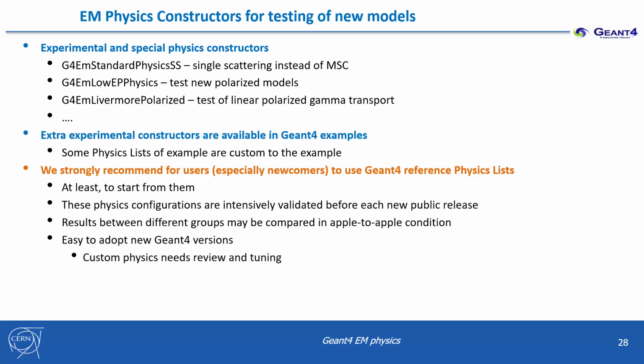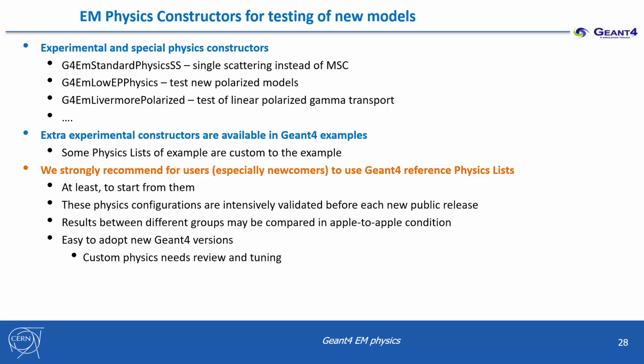And of course, in some cases, you may have interest to run this physics list, but in general, you may have not one, but 2 orders of magnitude slowdown of your application. There are special physics lists to test polarized gamma transport. Although they may be used in special circumstances.